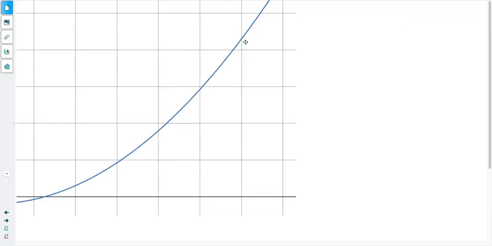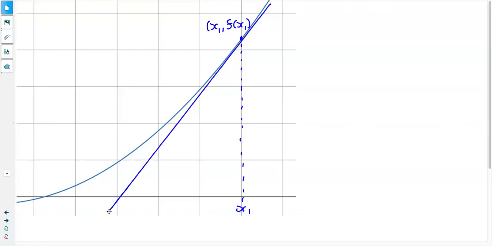Graphically, for example, we might estimate that we have an x-intercept at this value here, which we will call x1. As a coordinate, when we plug it in, that would give us f of x1. Now what we would do at this point is take a tangent line to this point, and we'll find that our tangent line crosses the x-axis closer to our x-intercept than our original point was.